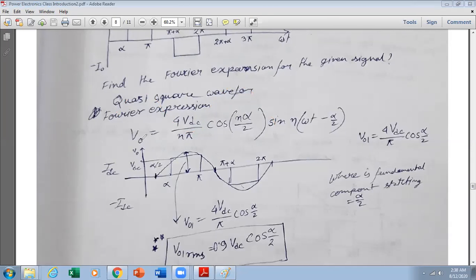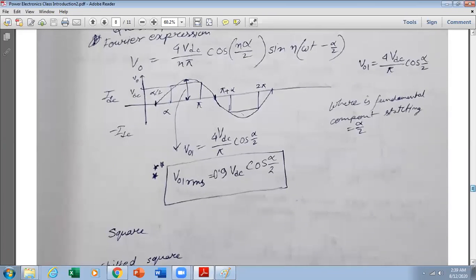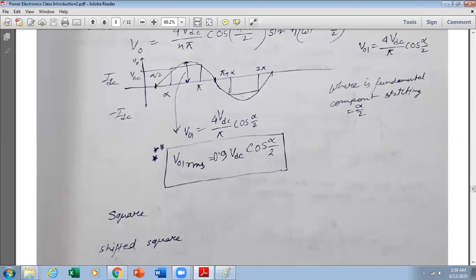So this is our fundamental waveform. Fundamental waveform is passing from alpha by 2 to pi plus alpha by 2, and from pi plus alpha by 2 to 2 pi plus alpha by 2.